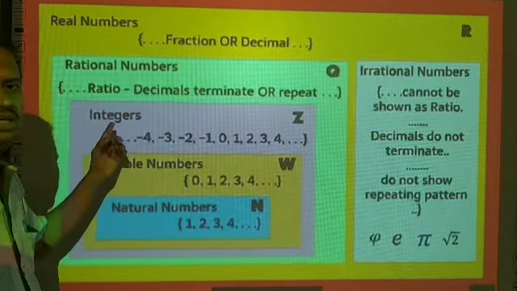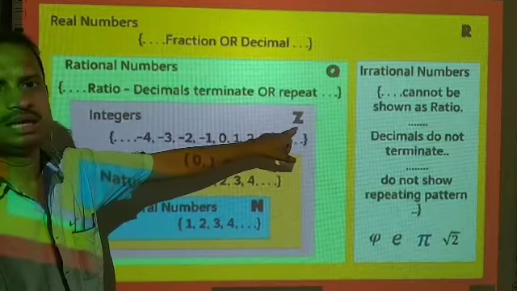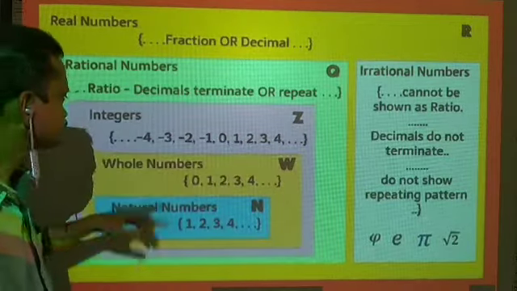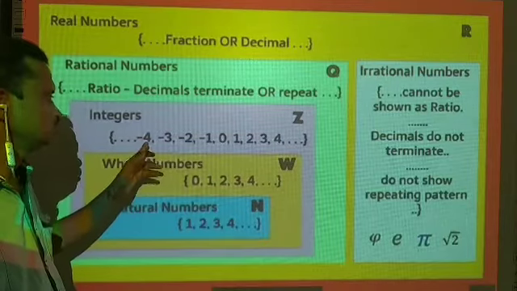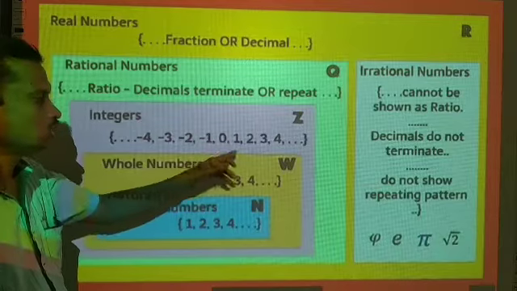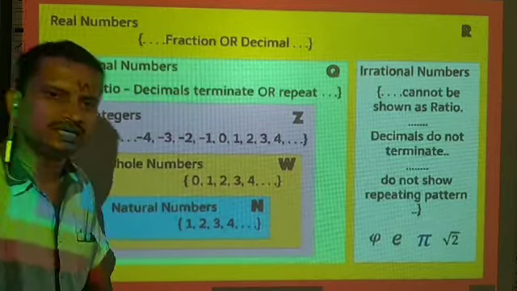And next, coming to integers, Z is the letter to denote integers. Starting from negative, minus 4, minus 3, minus 2, minus 1, and then 0, 1, 2, 3, 4, etc. So this is integers.